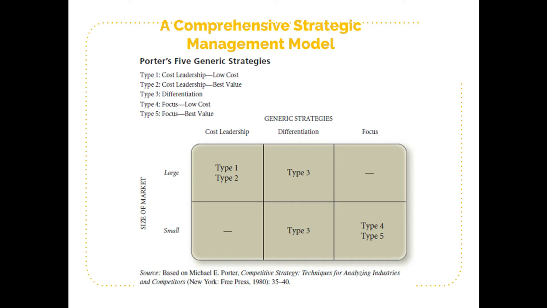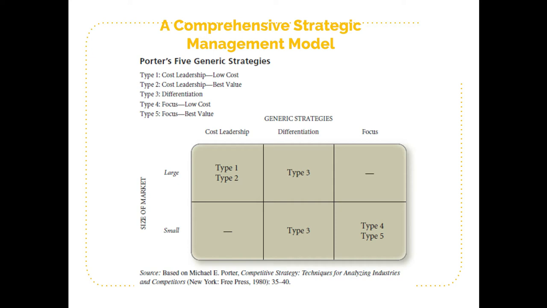The best value strategy aims to offer customers a range of products or services at the lowest price available compared to a rival's product with similar attributes. So both type 1 and type 2 strategies target a large market.